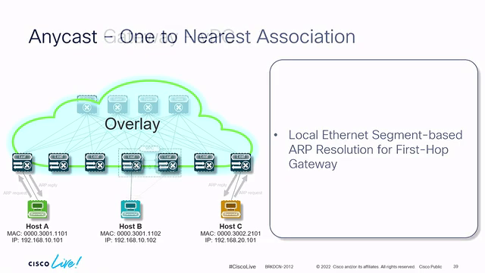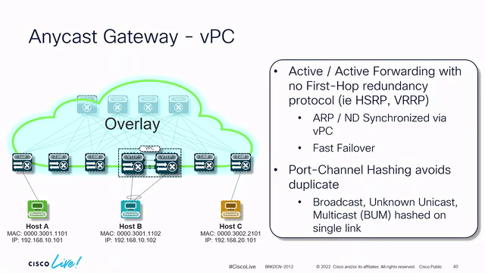So how this interacts with VPC works exactly the same as for any other host. You send ARP request to the nearest leaf, and you get that same SVI IP address as your gateway and that same MAC address. You don't need to configure any of the first hop redundancy protocols like HSRP and VRRP. Anycast gateway does provide you those capabilities across all the switches in the fabric, including both of the VPC peers.